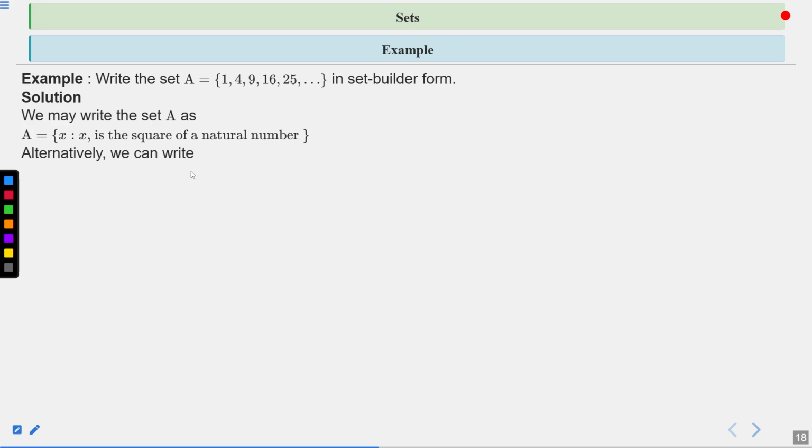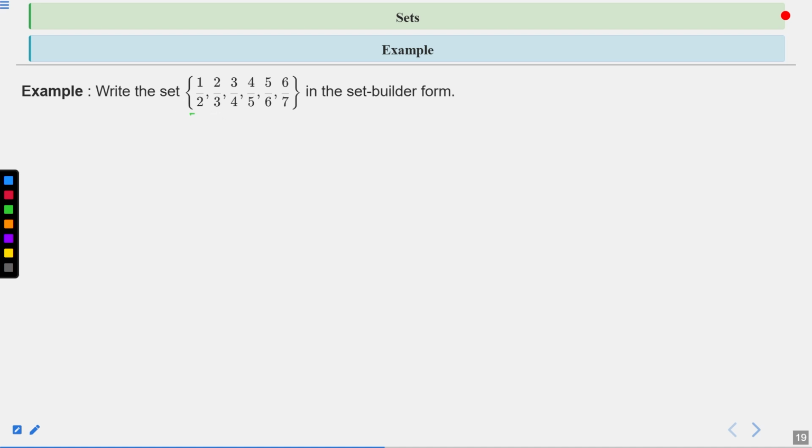Alternatively, we can write our set builder form like this also: collection of all x such that x is equal to n square, where n is from the set of naturals. I hope it is clear how we are writing our set builder form. So in set builder form, you just have to analyze the common property shared by all elements. This will come to you after some examples. Just practice.